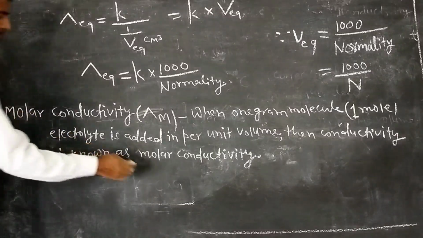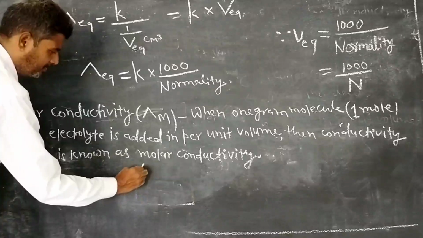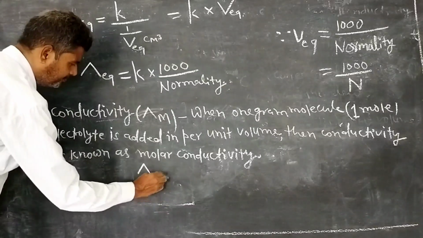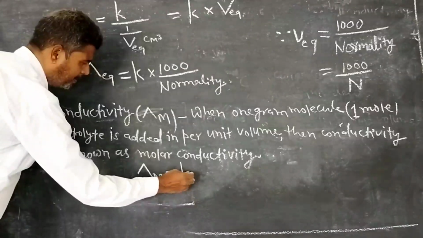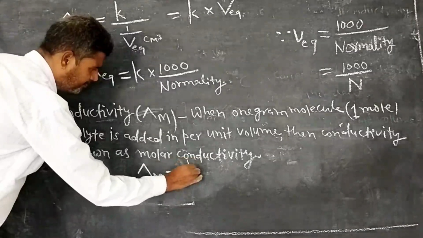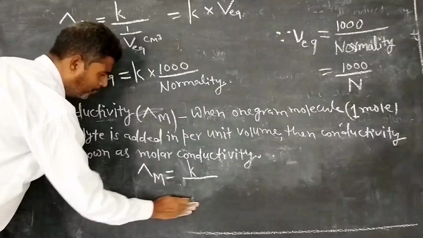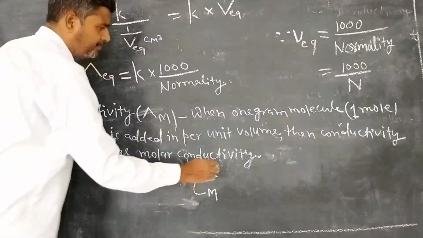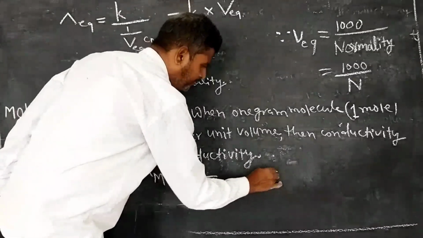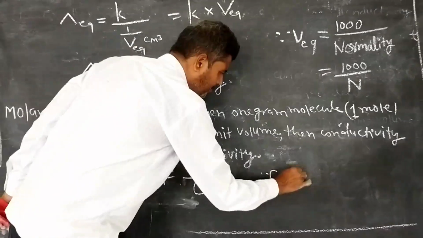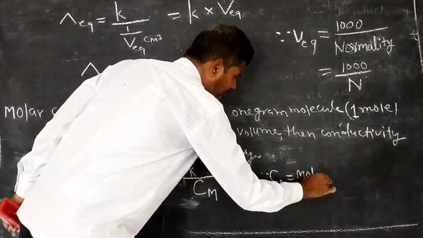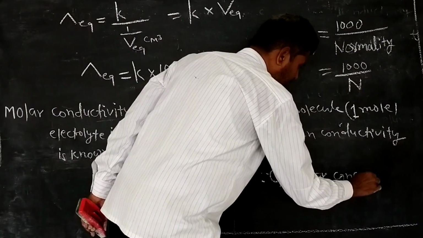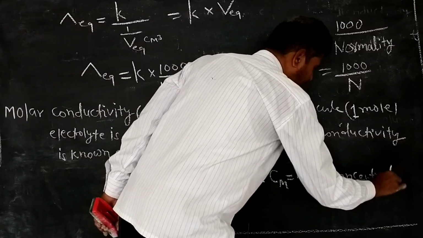Thus, lambda m, capital M, is equal to kappa upon molar concentration, that is Cm. Cm means molar concentration.